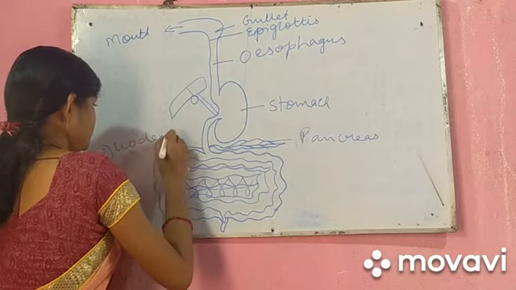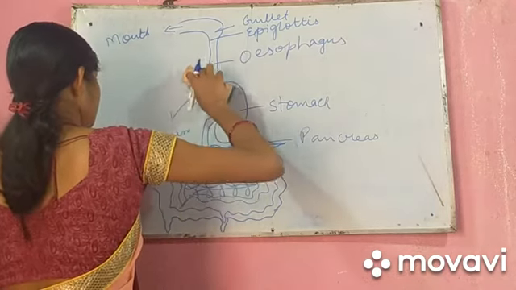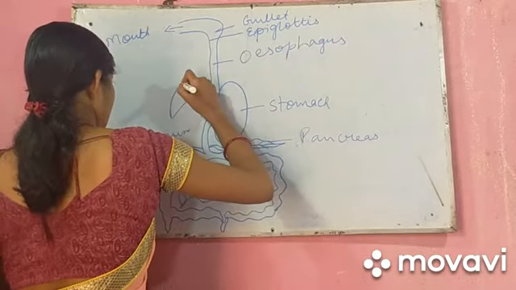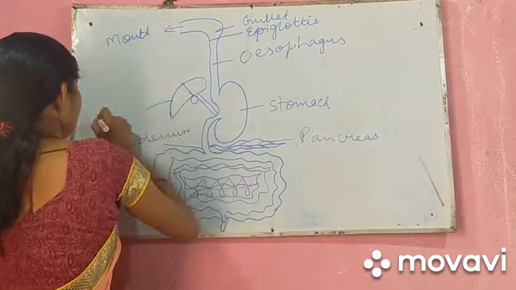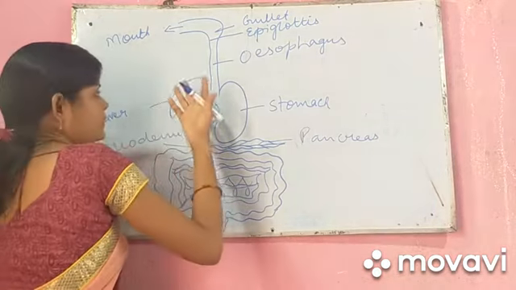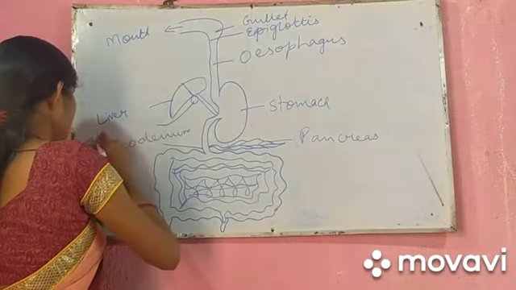Duodenum. Liver. Liver has two parts, right liver and left liver. Gallbladder.